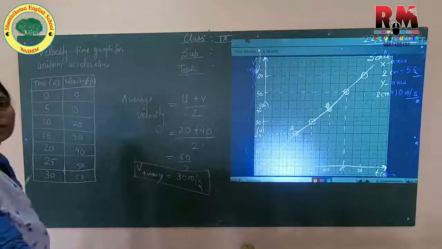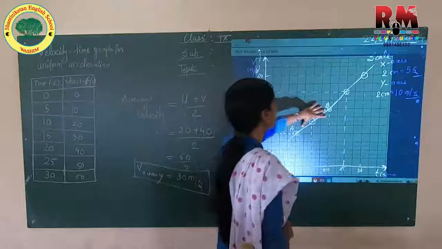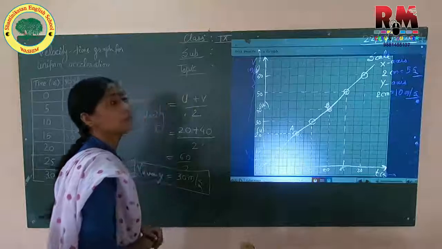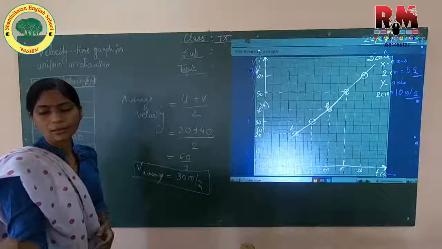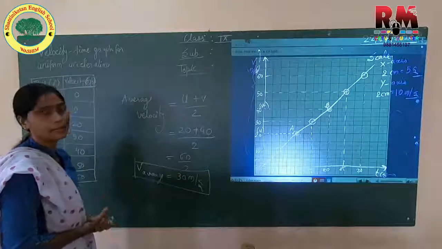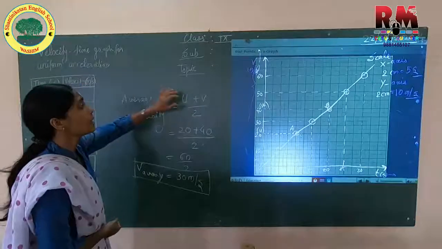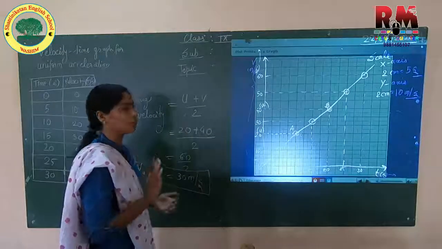Understood, children? So this is very clear. For these two particular values, the average velocity comes 30 meter per second. Now this is one of the simple ways of finding average velocity, because we are having uniform velocity. Okay, velocity is uniform throughout.